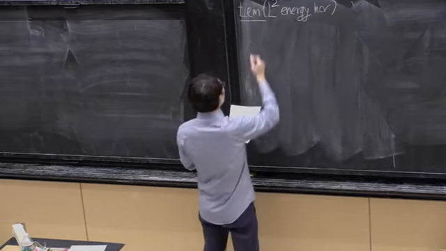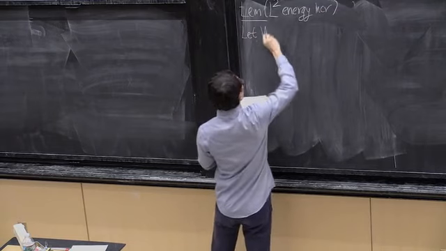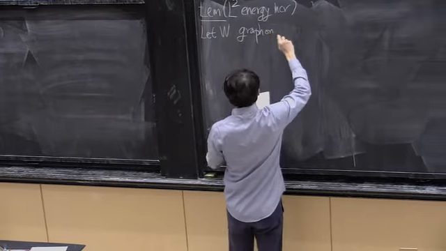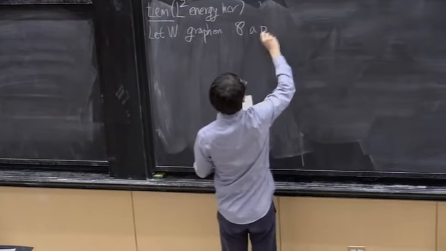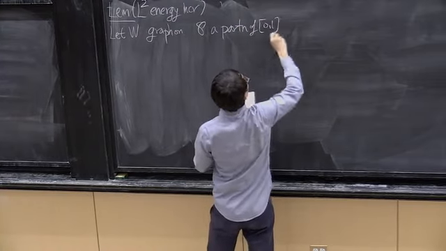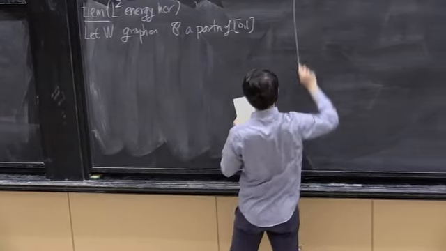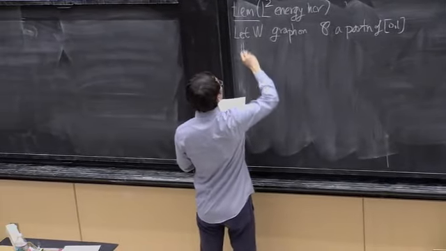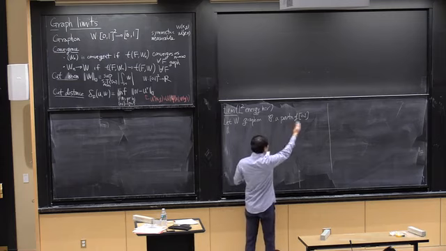Okay, so the statement of this lemma is that if you have W, a graphon, and P, a partition of the 0, 1 interval, and such that, so always measurable pieces.